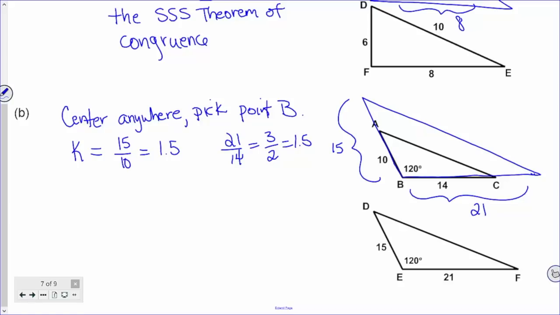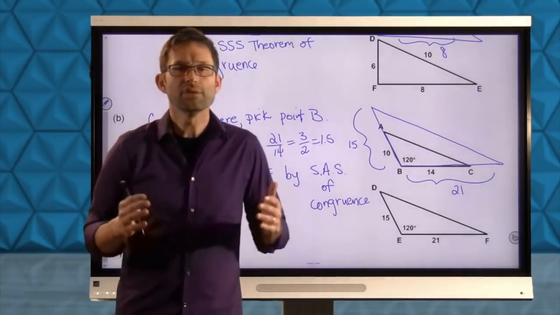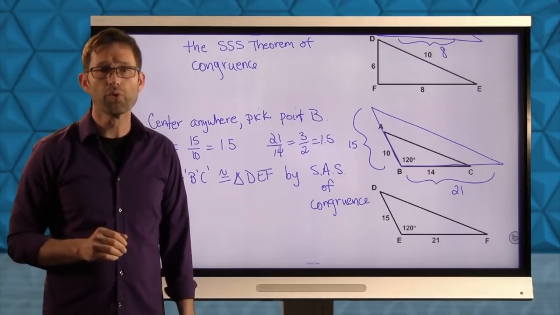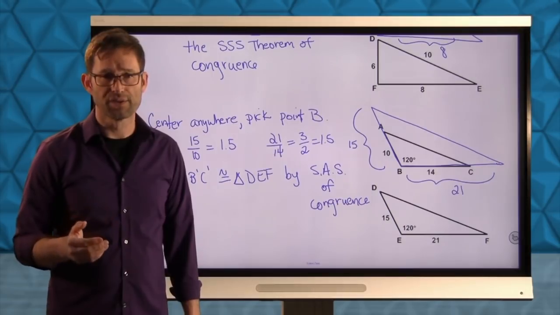And now, triangle A prime, B prime, C prime would be congruent to triangle DEF by side-angle-side of congruence. All right. Now again, these two are important to know. You're supposed to know that two triangles can be proved similar either by angle-angle, or side-side-side, or side-angle-side.